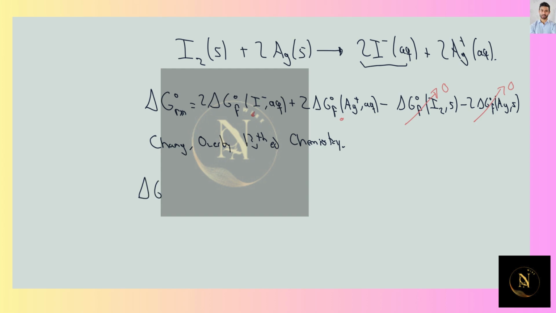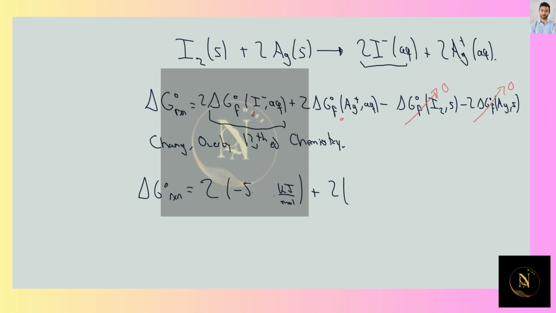So the delta G for the reaction is equal to 2 times the free energy of formation of the iodide ion, which turns out to be minus 55.9 kilojoules per mole, plus 2 times the energy of formation of silver plus. A small correction over here, I misread the table.